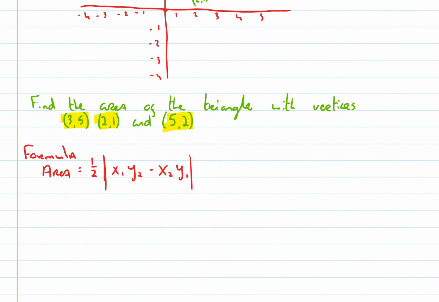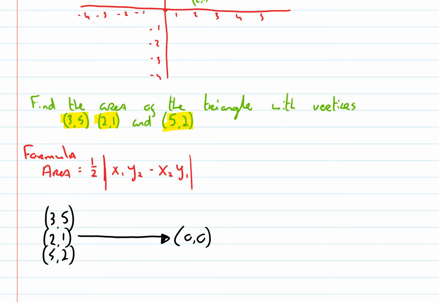So algebraically, here's how I do it. I have my points (3, 5), (2, 1), and (5, 2). I choose one of those to translate to the point (0, 0). I'm going to choose this one, (2, 1).